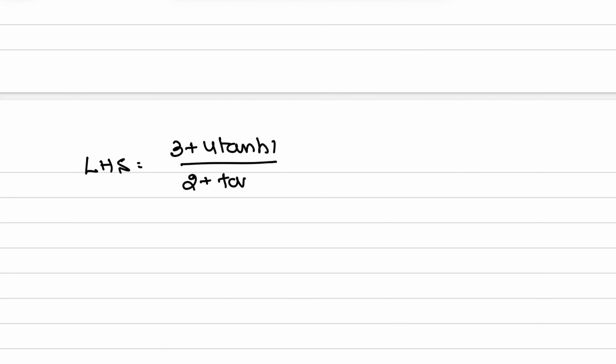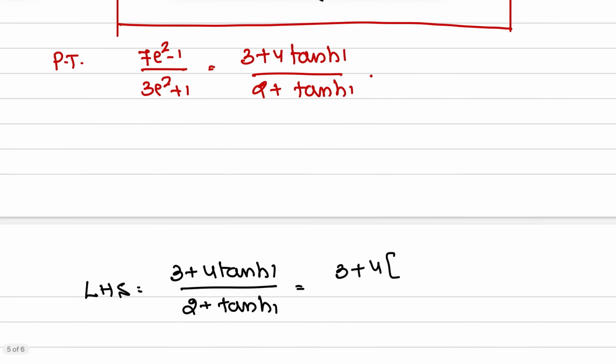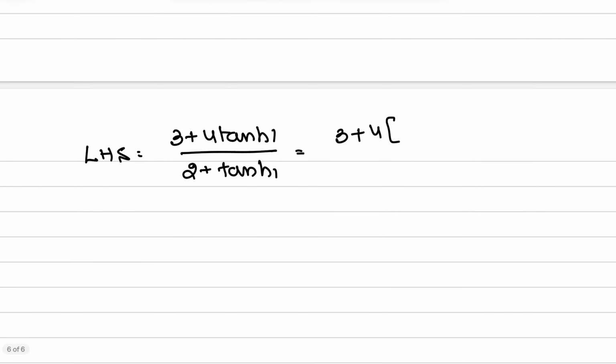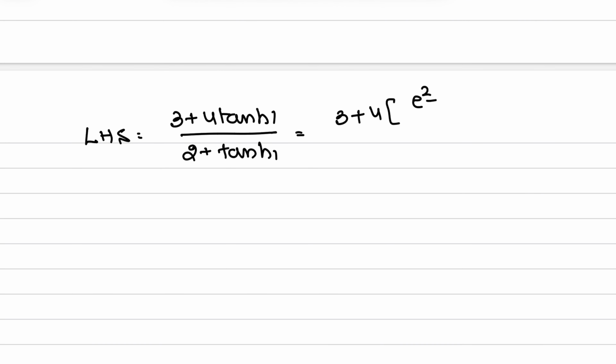Now, let us take the left hand side. 3 plus 4 tanh 1 divided by 2 plus tanh 1 is equal to 3 plus 4 into tanh 1, which is e square minus 1 by e square plus 1, whole divided by 2 plus e square minus 1 by e square plus 1.